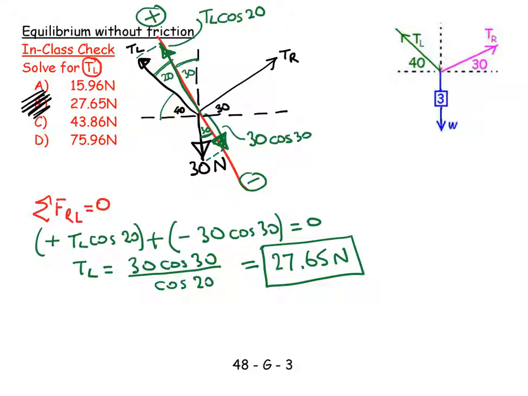Or alternatively, you can solve this with one equation by picking the axis which enables you to ignore T right. There's more geometry, but there's less trigonometry.